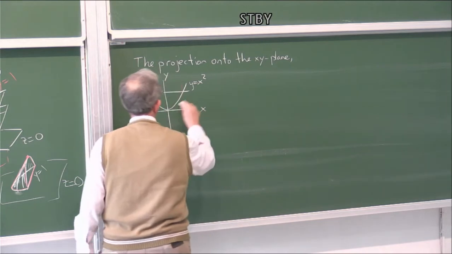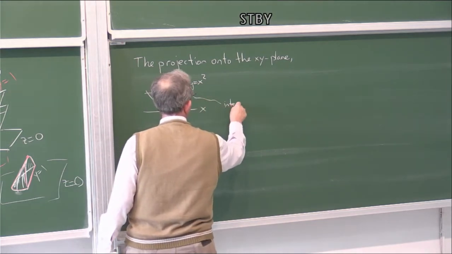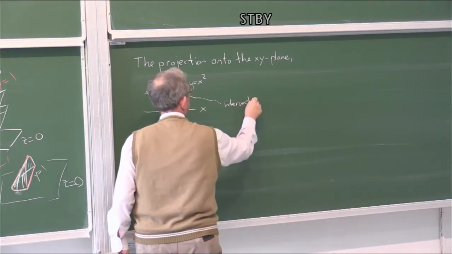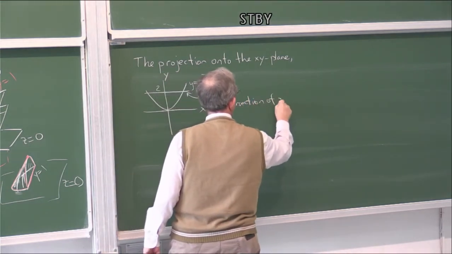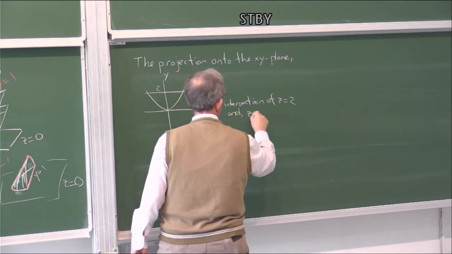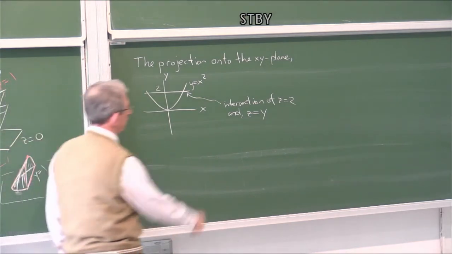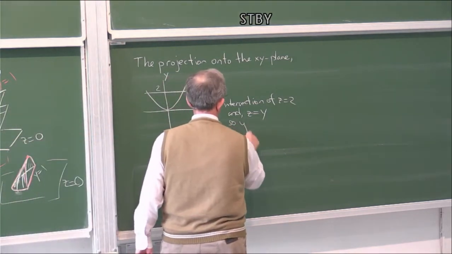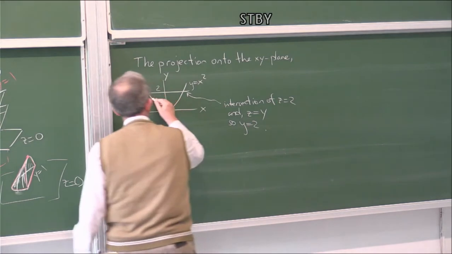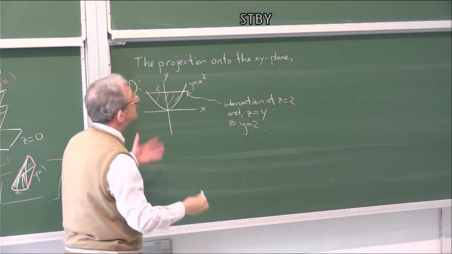So this is the intersection of z equal to 2 and z equal to y. So it is y equal to 2. Well, this being our D, the rest now is easy.